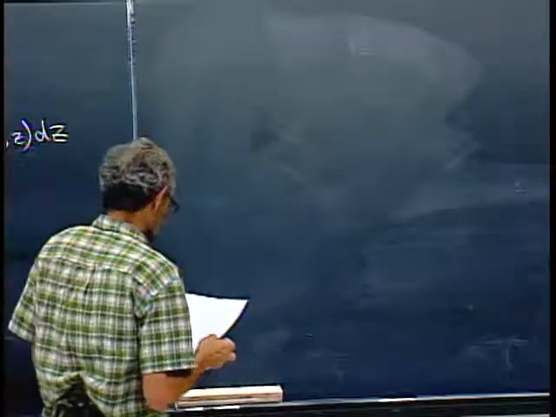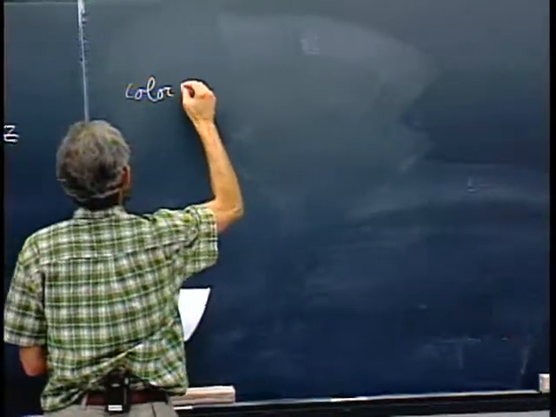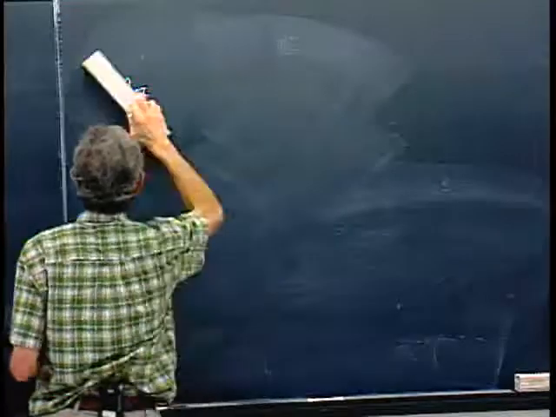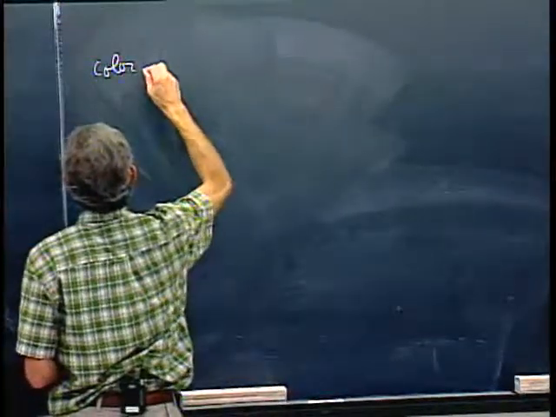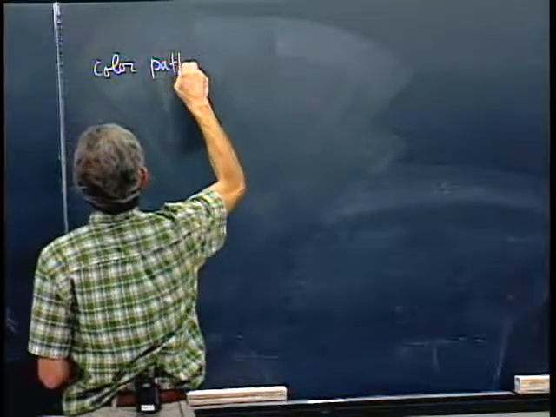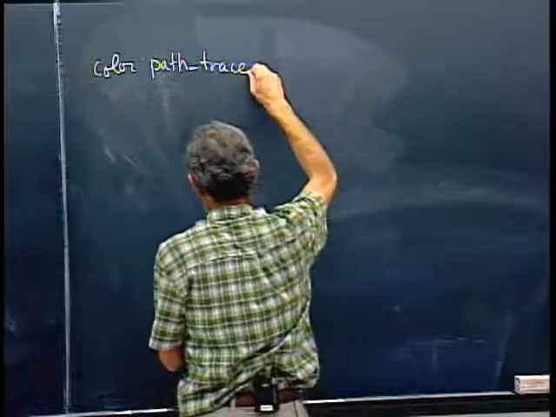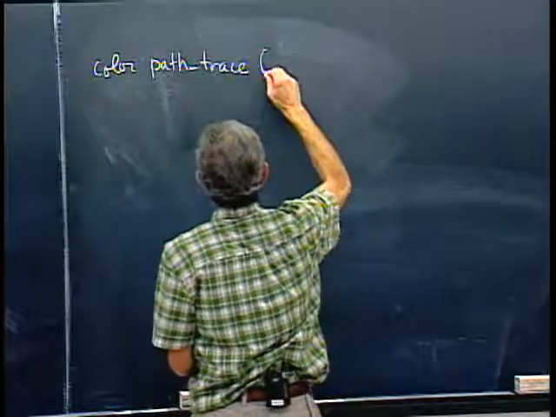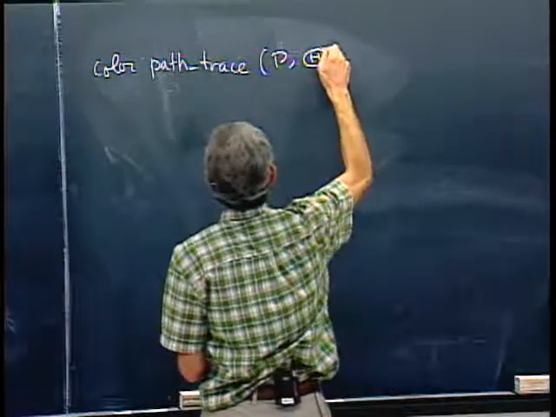And so what I want to say is a routine color, let me start it higher because it might take a lot of space. Path trace. So you have a position and an angle.